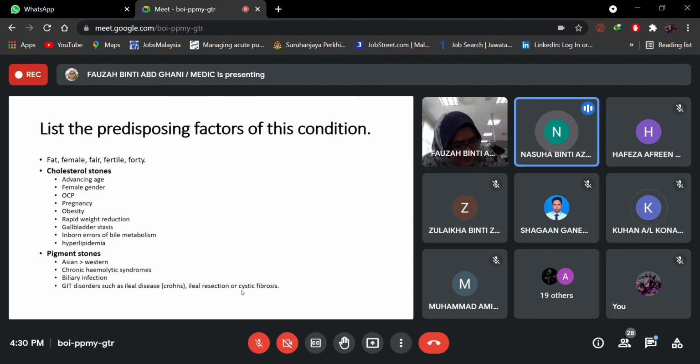Doctor, is it because it's like the gallbladder is inflamed, so it spread? Okay, not quite, not spreading from the gallbladder to the bile duct, but as Cohen said, the stones is obstructing the bile duct.